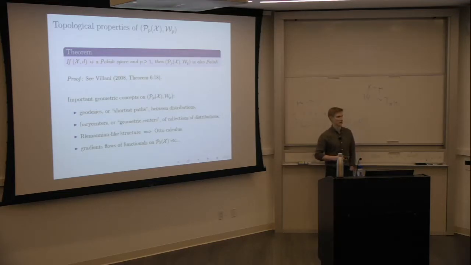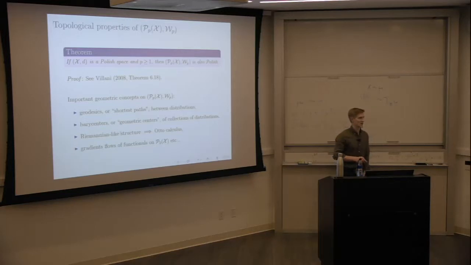In turn, that allows us to formalize concepts of barycenters, or a geometric center of distributions. So you can think about computing averages of distributions in a way that leverages the information known about the geometry of the base space.